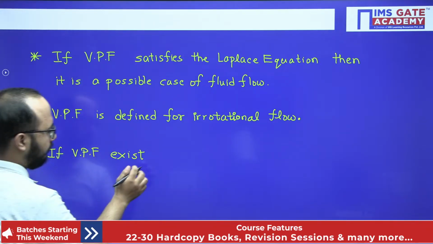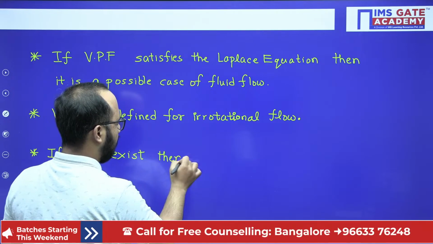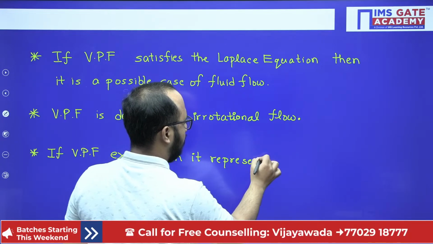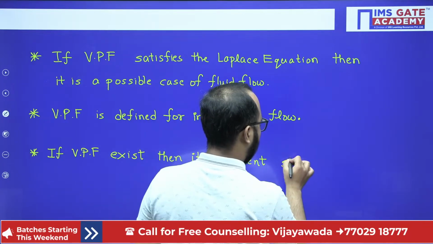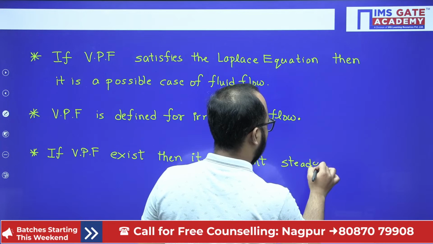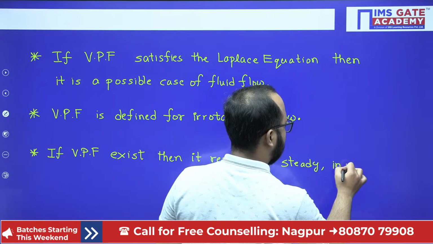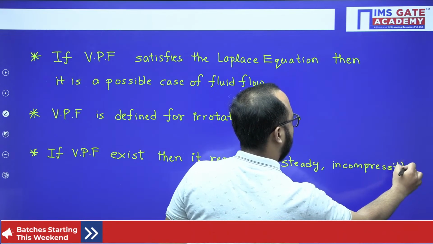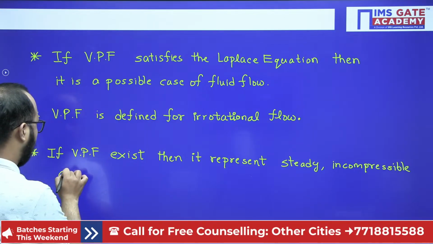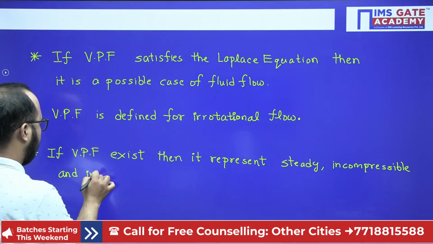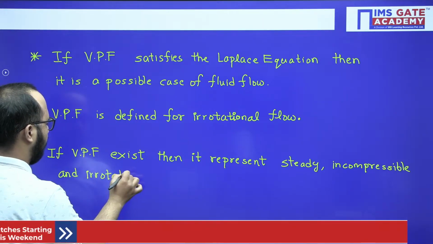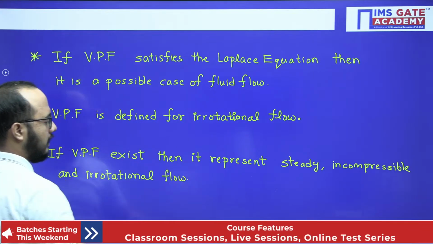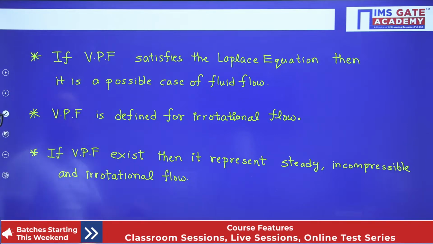So if VPF exists, then it represents steady, incompressible, and irrotational flow. I hope you got the point, right?